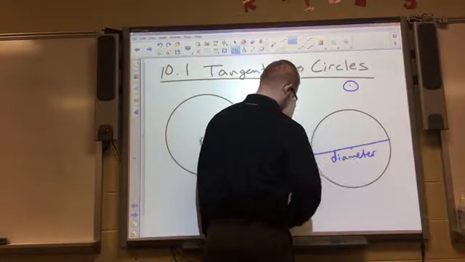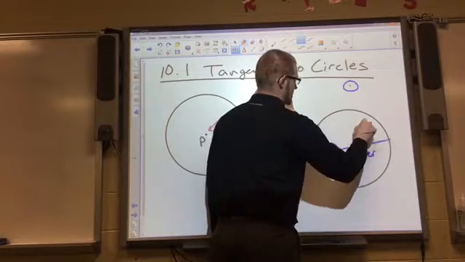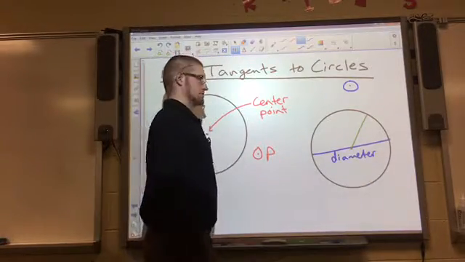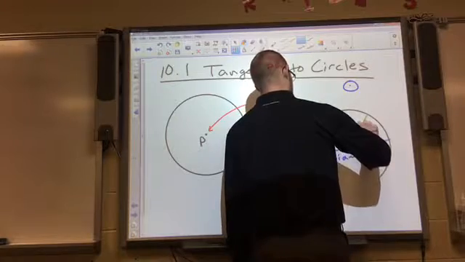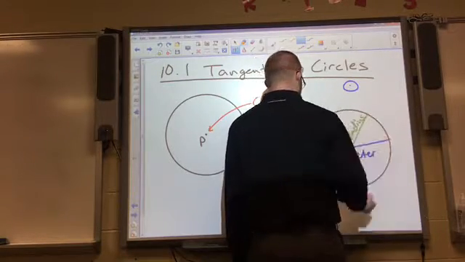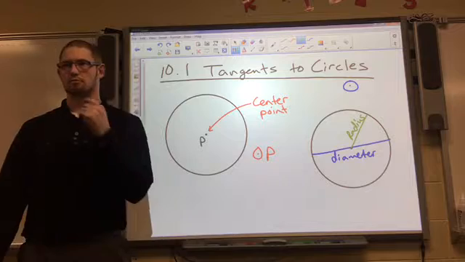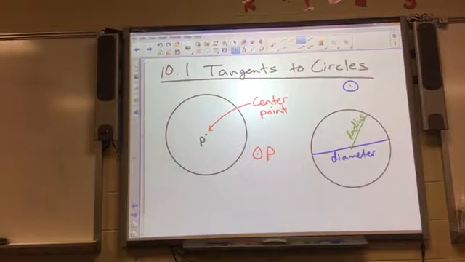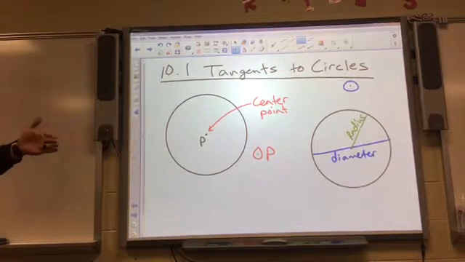And this is a radius. And a radius goes from where to where? The center point to the circle, right? To the edge of that circle.